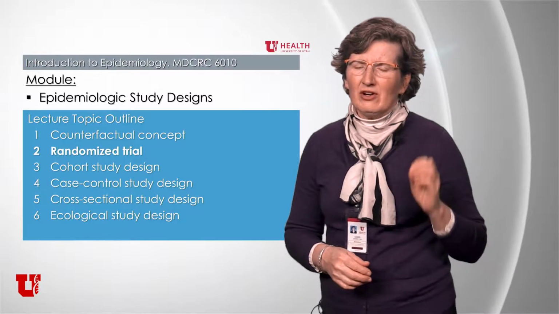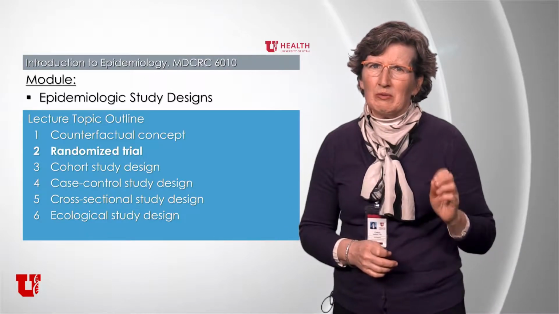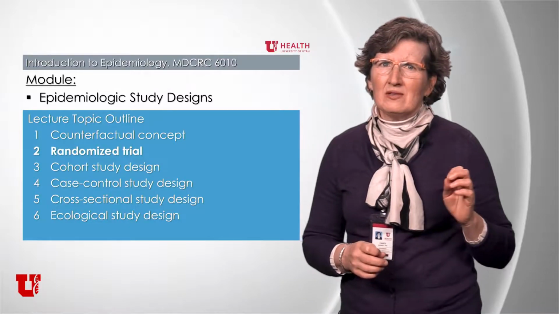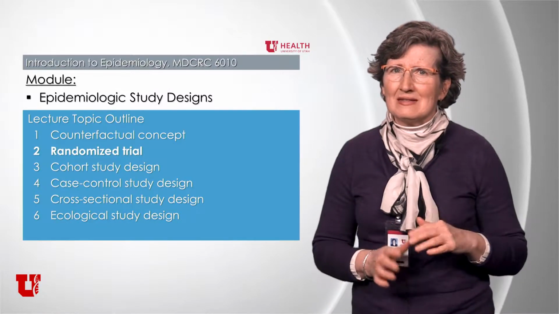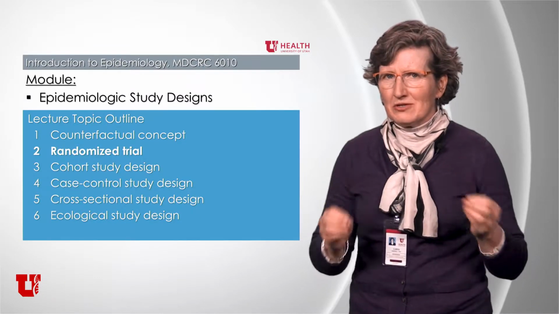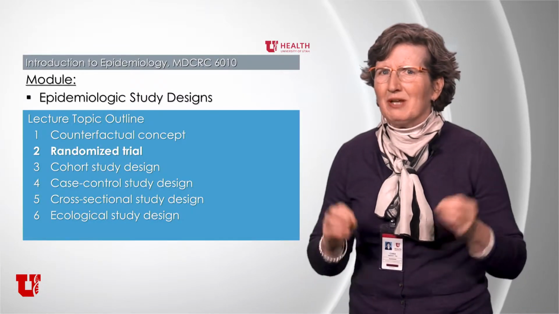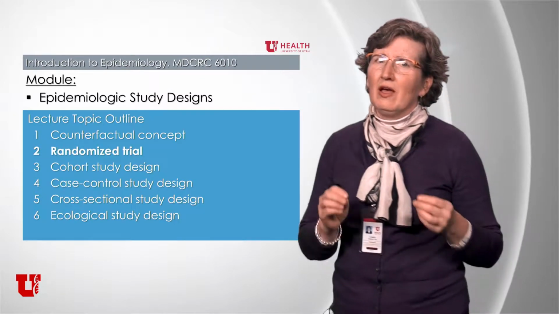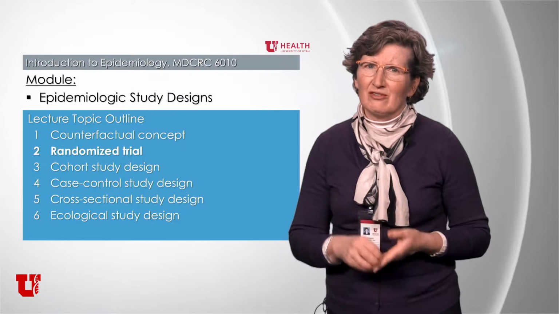But a very important thing that we want to keep in mind as we think about study designs in epidemiology is how do our observational studies deviate from the randomized trial. In terms of research on human beings, randomized trials are really the best that we can do, the closest we can come to that counterfactual, the best evidence we can get for cause and effect.